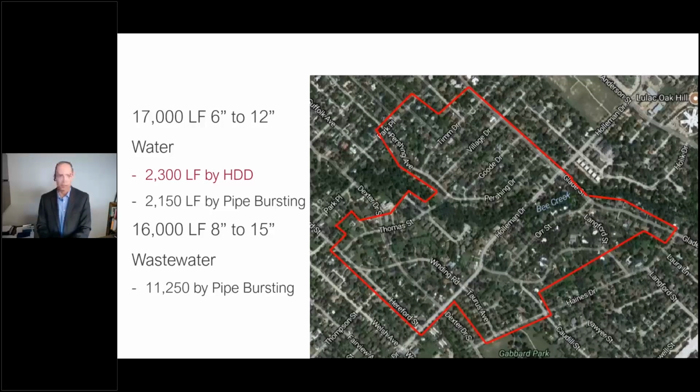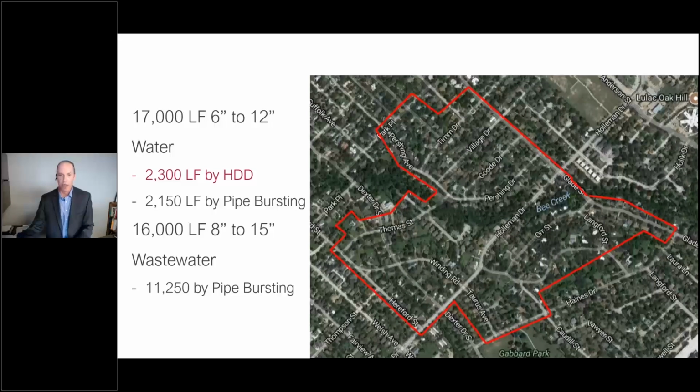This is in College Station, Texas, home of Texas A&M University. And it involved about 17,000 linear feet of 6 to 12-inch water main replacement. And we're going to really focus on the portion that was installed by horizontal directional drilling.